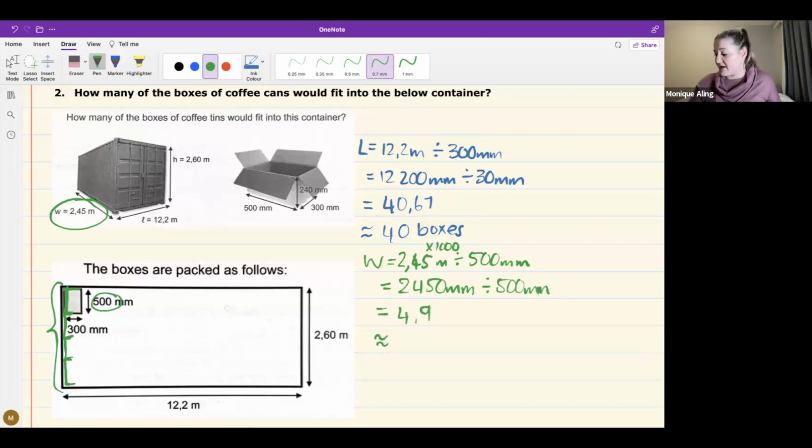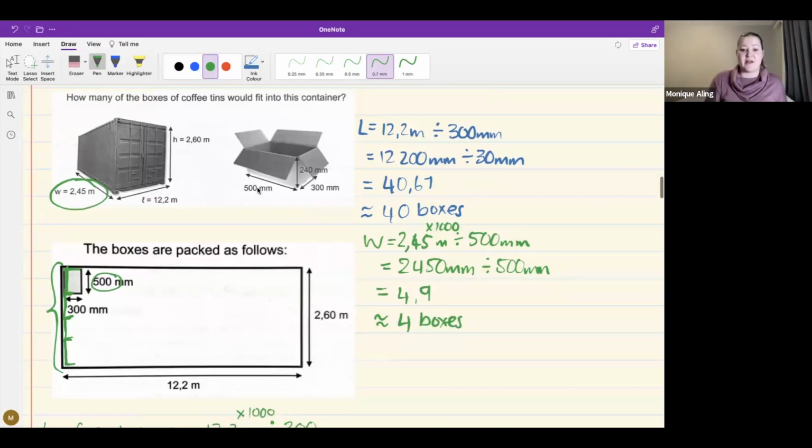But remember, because we are dealing with actual objects, there's not enough space for a whole fifth box, so we round to 4. Then we see how many boxes fit along the height. So what did we get for the height?